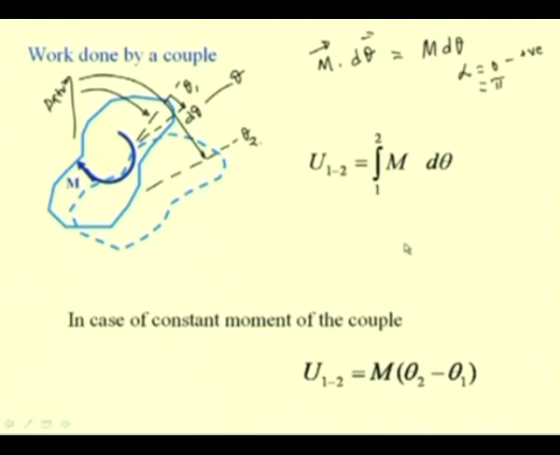So, from our understanding of the work done by a force for an infinitesimal displacement, we have found the work done by the force and the moment for finite displacement. Now, this work done can be associated with what we call the potential energy, particularly for conservative forces.